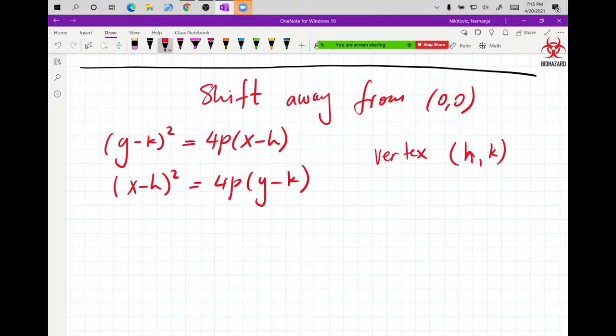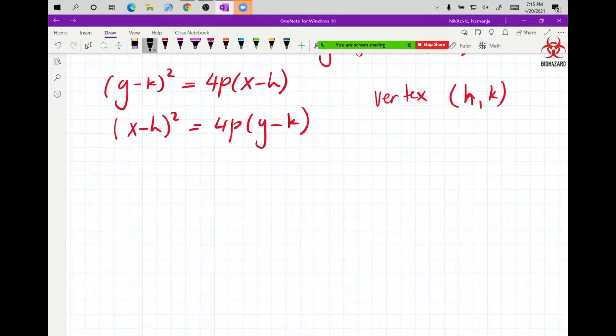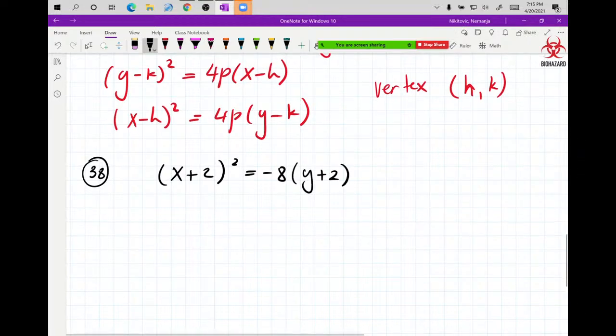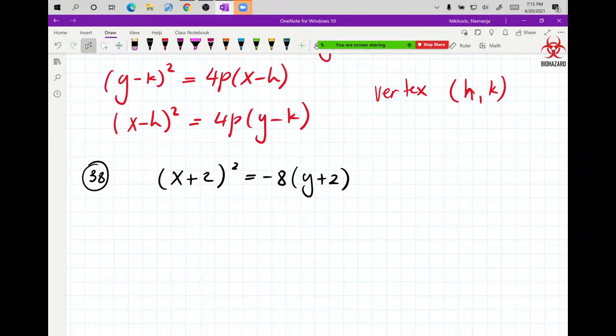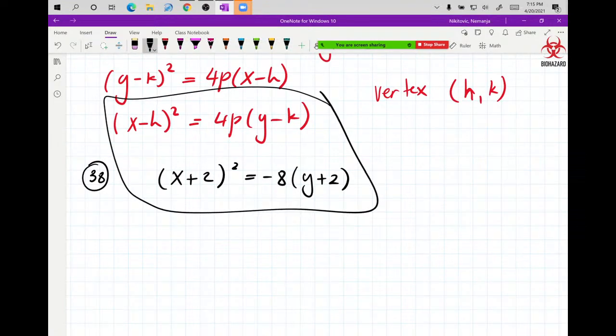So let's see. Doesn't really matter. Problem 38 says (x + 2)² = -8(y + 2). There we go. Okay, that matches that one, right? We have x squared.